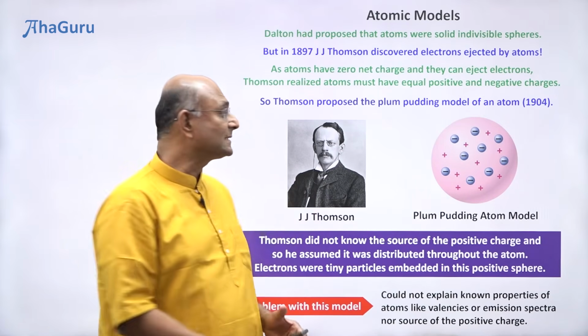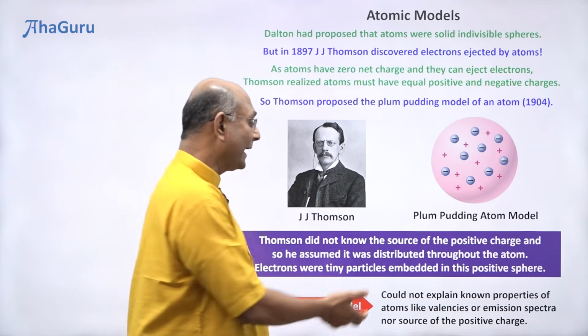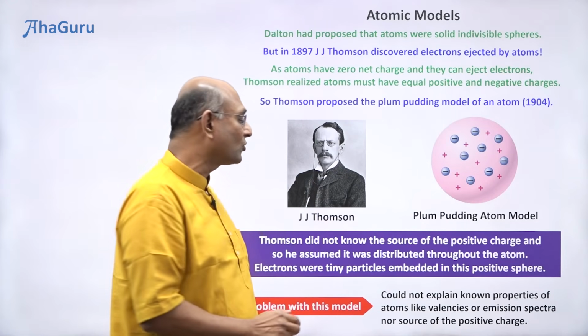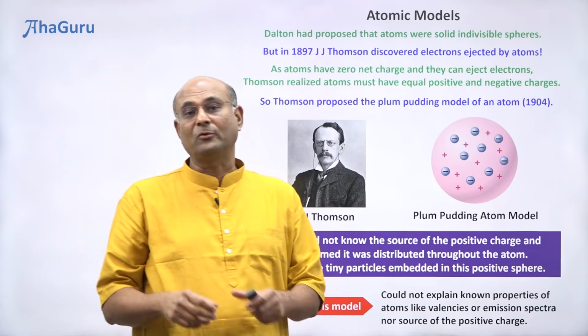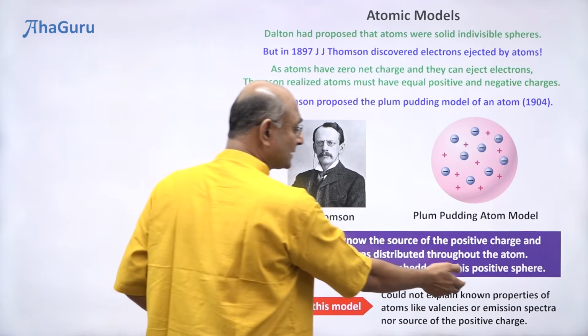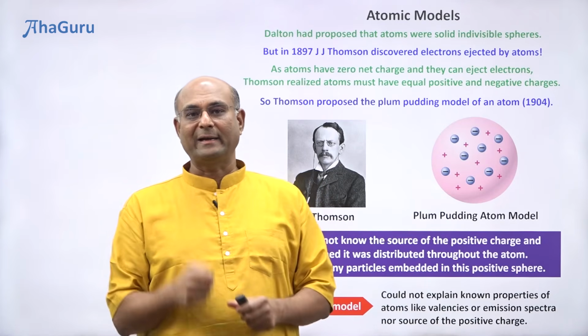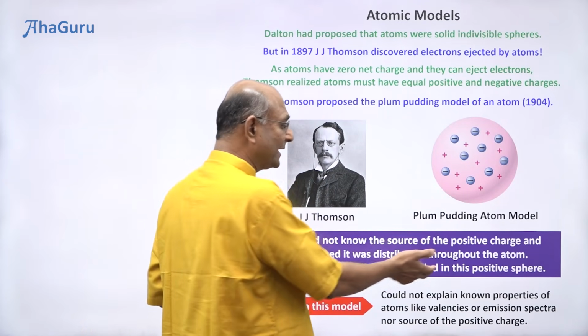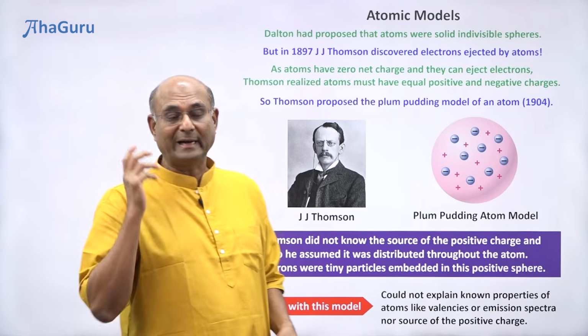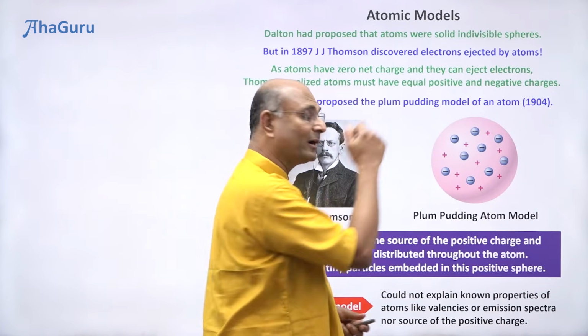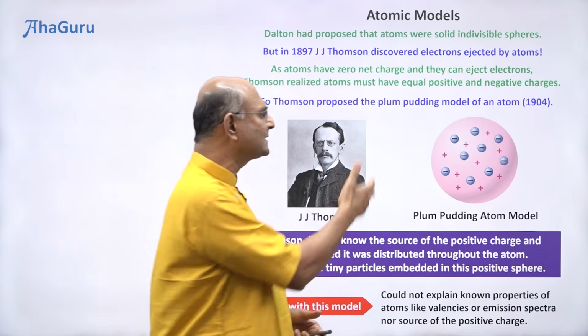Now, chemists had studied atoms for much longer, and valency was a very well understood concept. But this model was not able to explain that. It was not able to explain emission spectra of atoms. Atoms emit electromagnetic radiation. That was also very well studied, but this model could not explain that at all. Nor was this model able to explain where this positive charge came from.